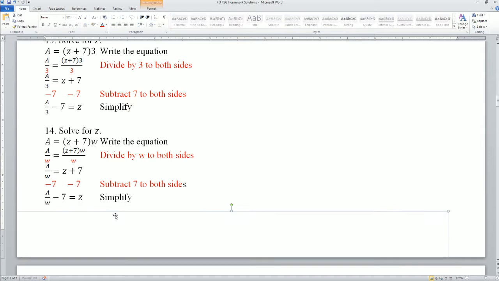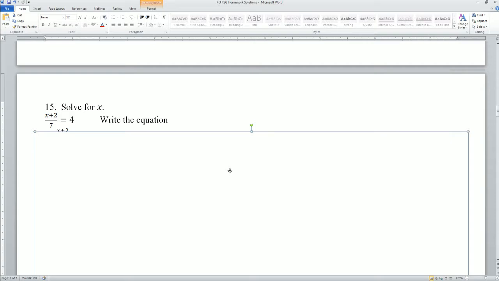Okay. A equals 2 parentheses z plus 7 times w. So get rid of the w first. So I'm going to divide by w on both sides. I get A divided by w equals z plus 7. Subtract 7 from both sides. This is what I got after I simplify. A over w subtract 7 is equal to z.